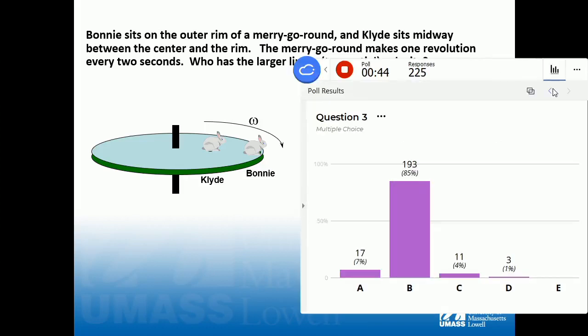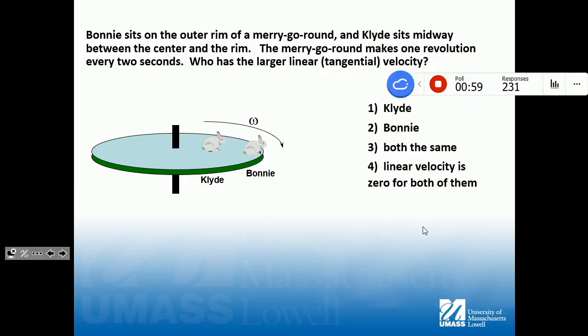Very good. So we all understand that the one further away from the axis of rotation is physically moving faster, with the same angular velocity as any other part of that system. Okay. Close this.